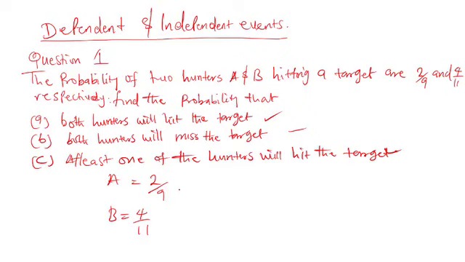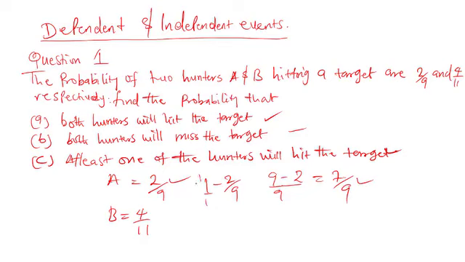So if probability of hitting the target is 2/9, then probability of missing the target becomes 1 minus 2/9. You take the LCM, 9 times 1 is 9 minus 2, which is 7/9. Probability of A hitting the target is 2/9. Probability of A missing the target is 7/9.